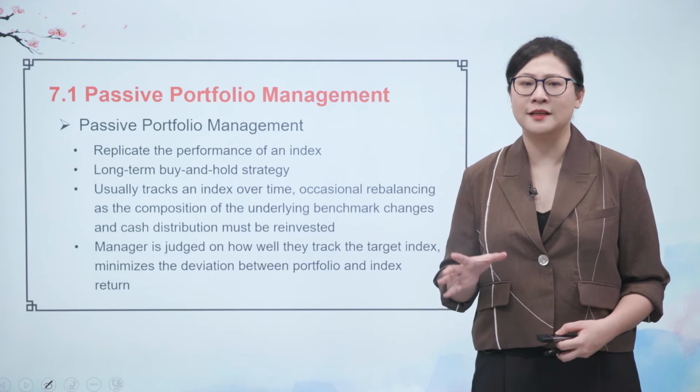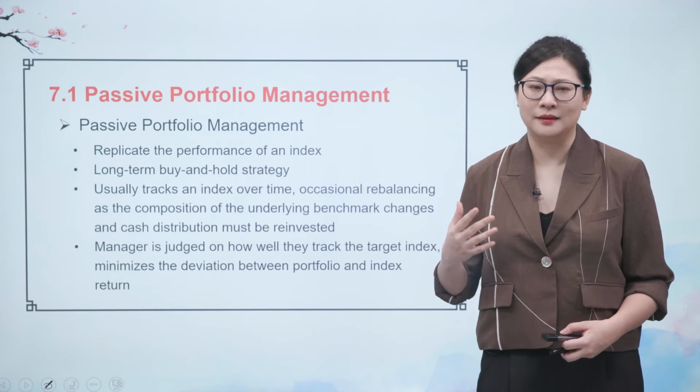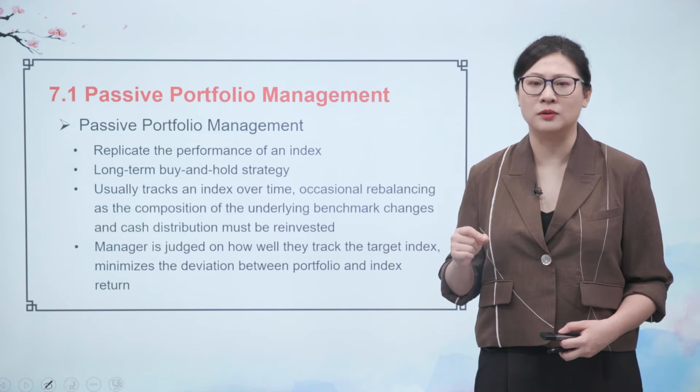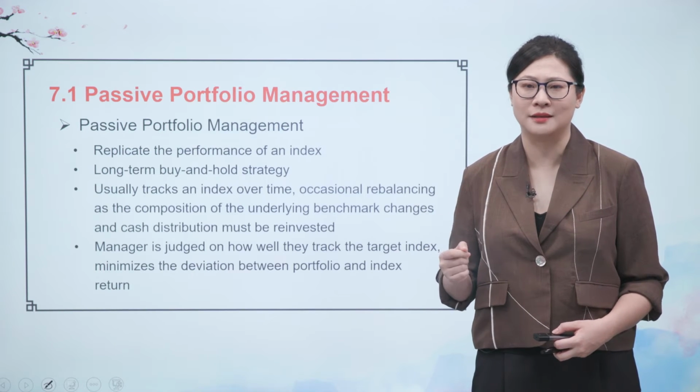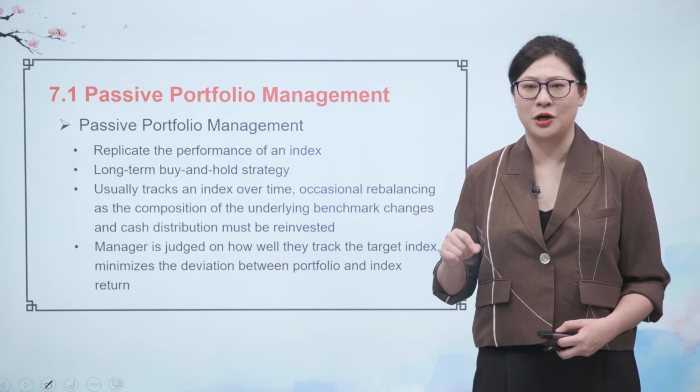So in passive portfolio management, they don't ask you to obtain absolute return. They ask how you construct the portfolio so it can track the target index. In other words, it will minimize the tracking error.